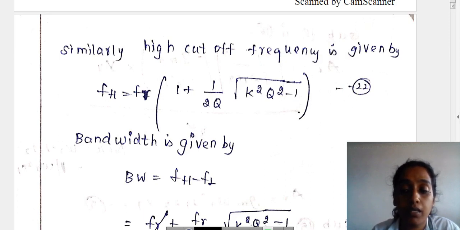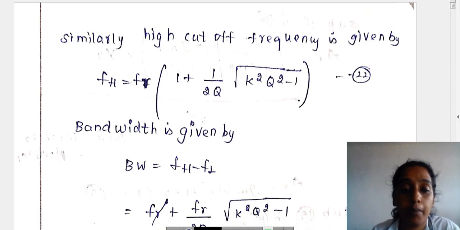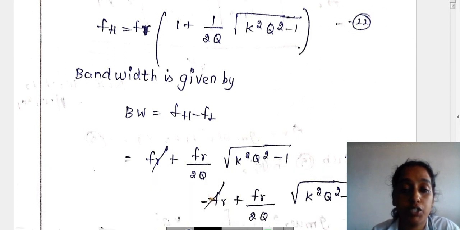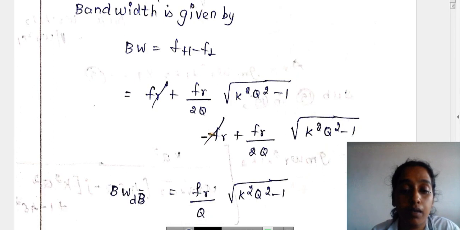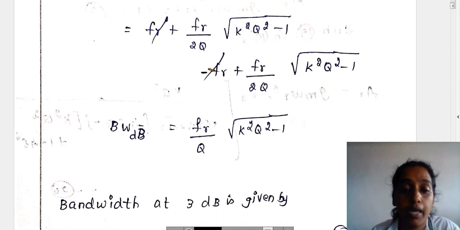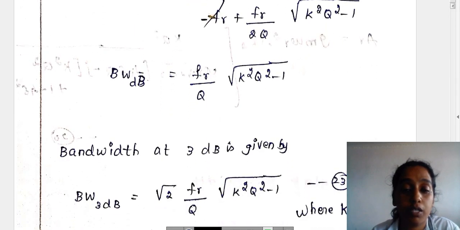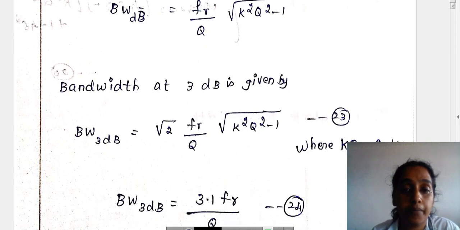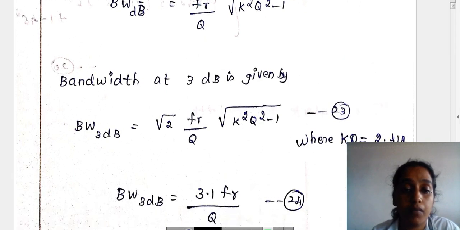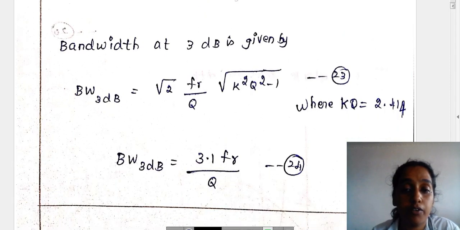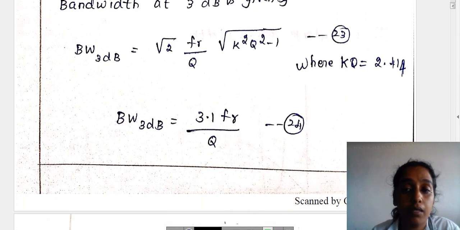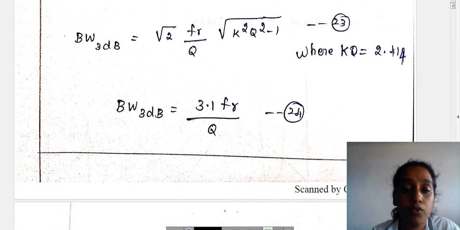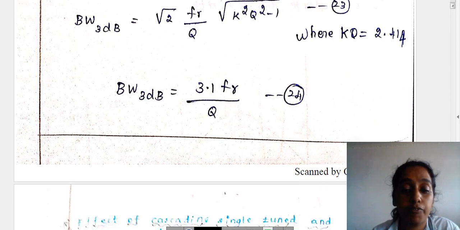Hence we can find the bandwidth as Fh minus Fl. It comes to Fr by Q into root of k square Q square minus 1. Taking the value for 3 dB, the bandwidth at 3 dB comes to nearly 1.41 Fr by Q.